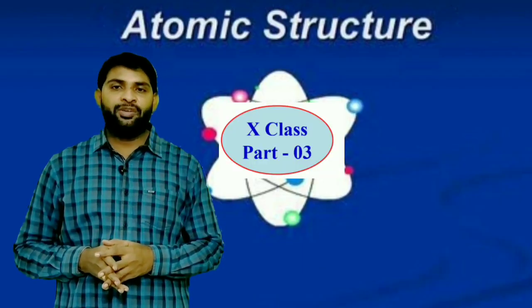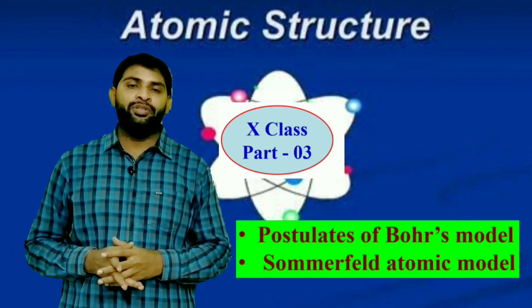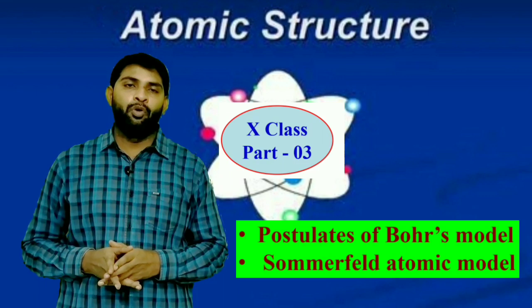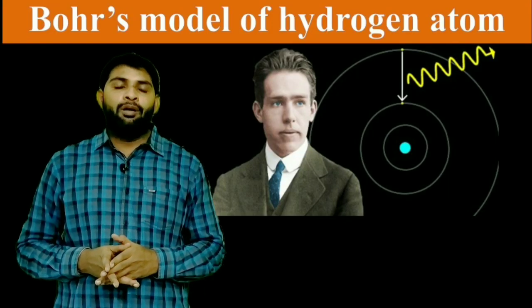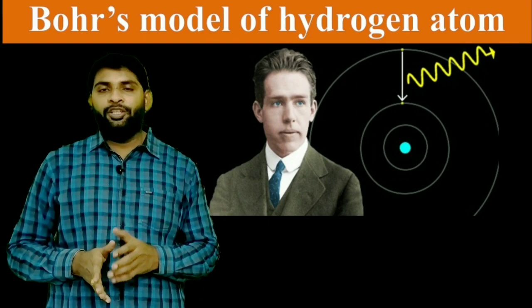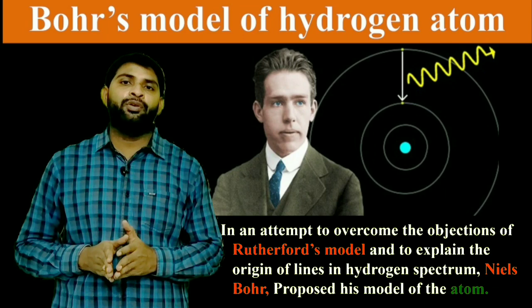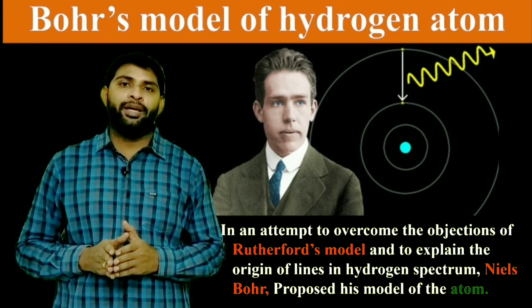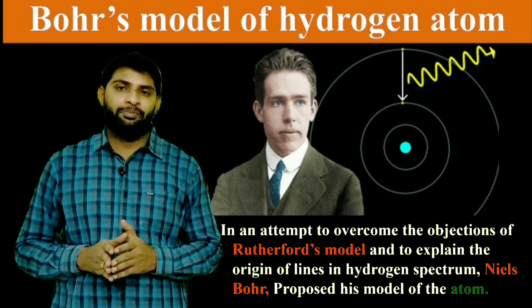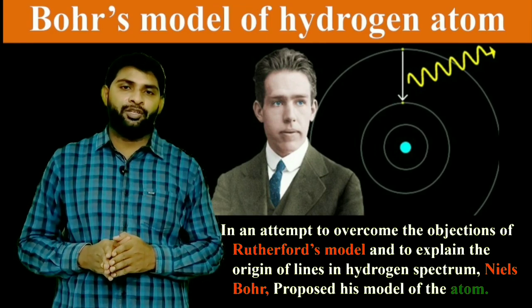Today, Atomic Structure, Class 10, Part 3. In this session, we are going to discuss the postulates of Bohr's model, the Sommerfeld atomic model, and Bohr's model of the hydrogen atom. In an attempt to overcome the objections of Rutherford's model and to explain the origin of lines in the hydrogen spectrum, Niels Bohr proposed his model of the atom.